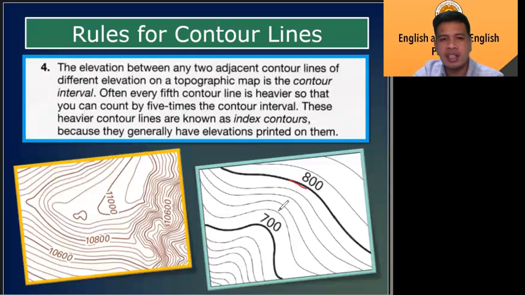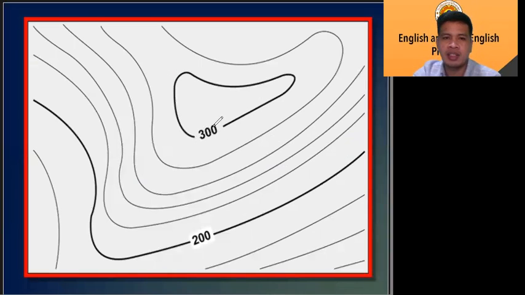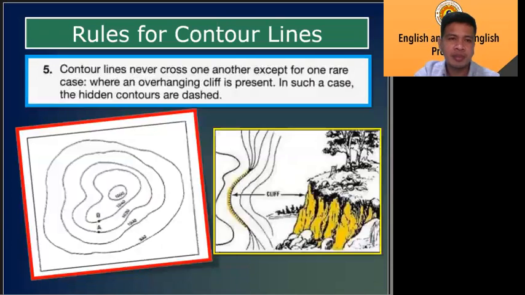So this one is 800, 700, etc. Like this one also. So this is 200, 1, 2, 3, 4, 5, this is 300. We call this the contour interval.